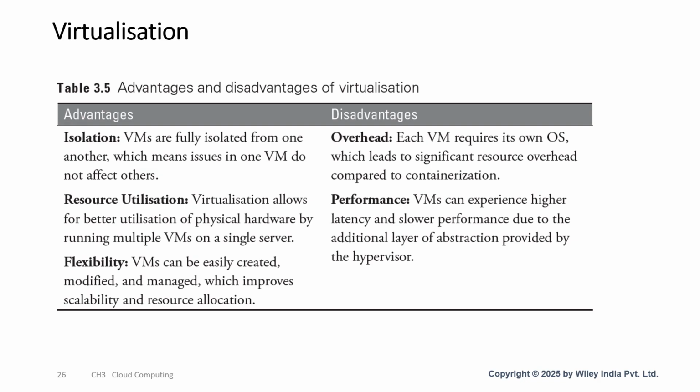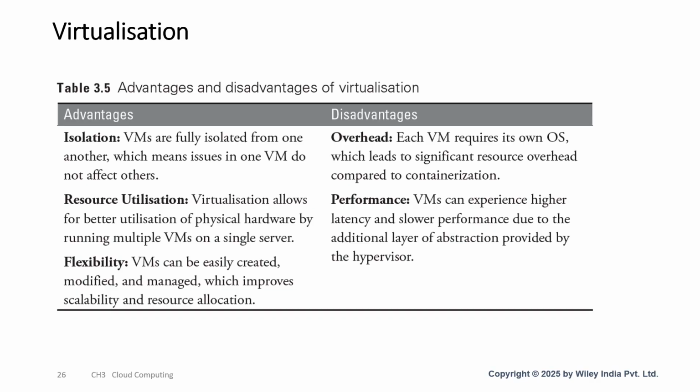The disadvantage is that each virtual machine requires its own operating system, which leads to significant resource overhead. If you have different operating systems on the same computer, there will be some overhead involved. If you are renting the same house to four different people, the overhead will, of course, be more.